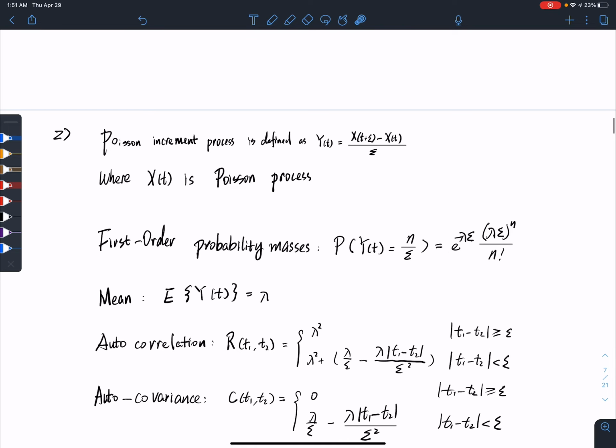Question 2. The Poisson increment process is defined as y(t) equal to x(t plus epsilon) minus x(t) over epsilon.